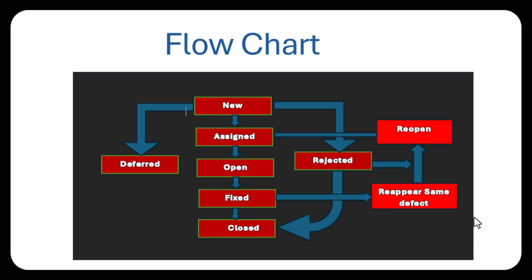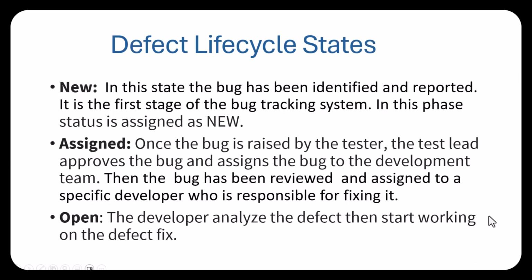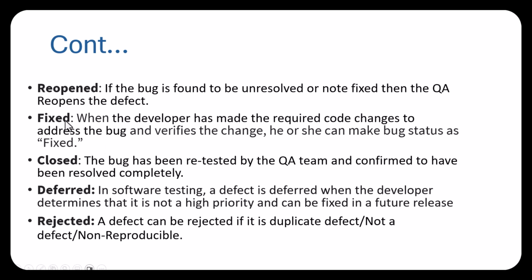And along with that, there are many other phases also. See, I have given the description of what is the new state, what is assigned, what is open, then what is reopened, fixed, closed, deferred, and rejected. Everything I have given.